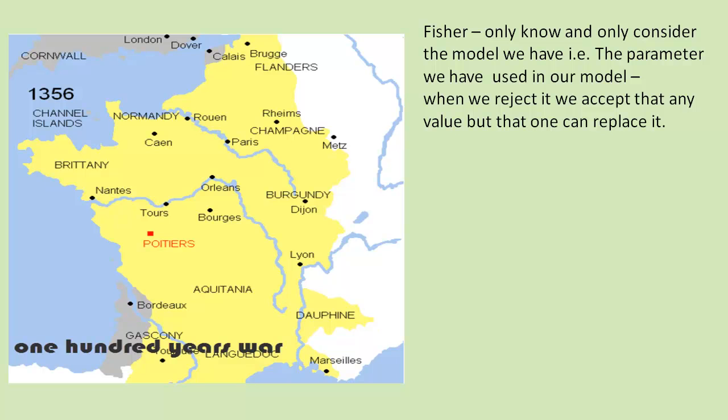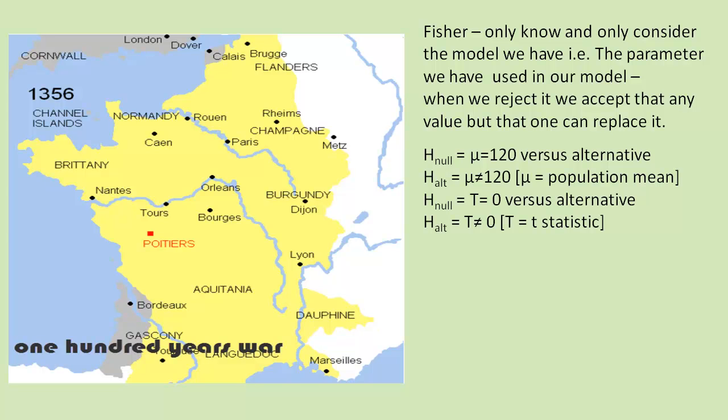He believed that by rejecting the parameter value we used for the basis of our p-value, all we could do was accept that there was an infinite number of alternatives. We can express this simply by saying, in this instance, considering our amylase/miracle drug data, that the population parameter value of a mean of 120 is the null hypothesis versus the infinite number of alternative hypotheses where the population mean does not equal 120.